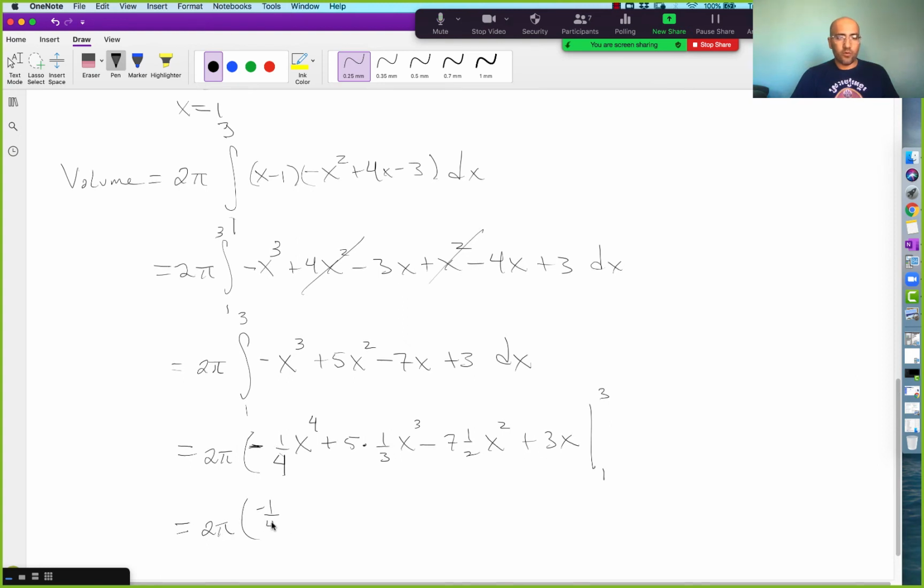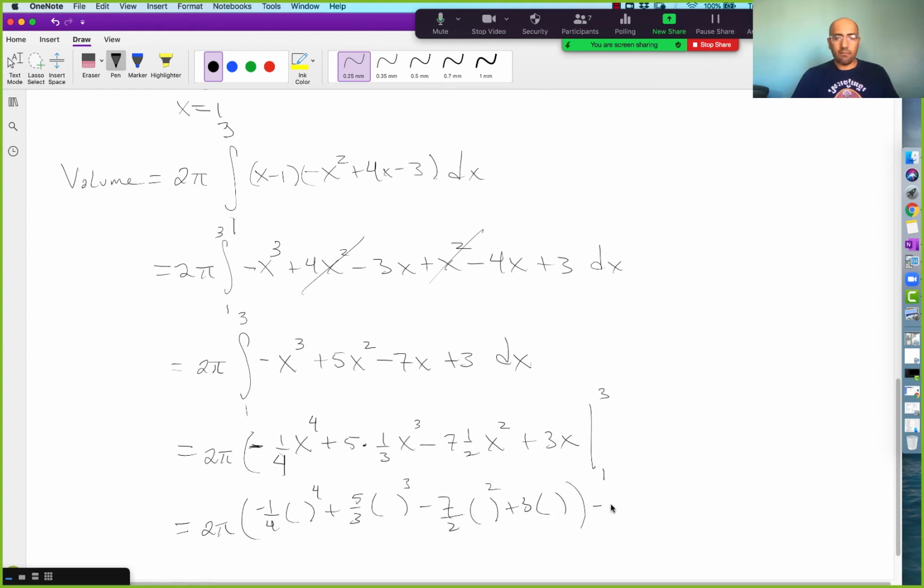Okay, so there are different ways to set this up. It can get a little messy. One way to set it up is just to think of all the ones with a 3. So let's put minus 1/4 of something to the 4th plus 5/3 of this cubed minus 7/2 of this squared plus 3 times something.